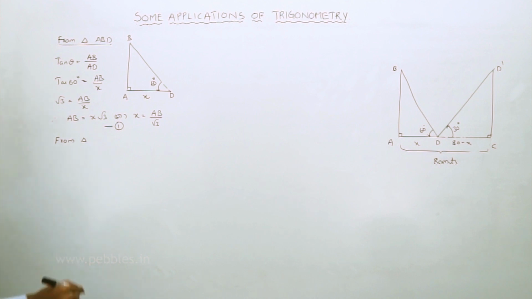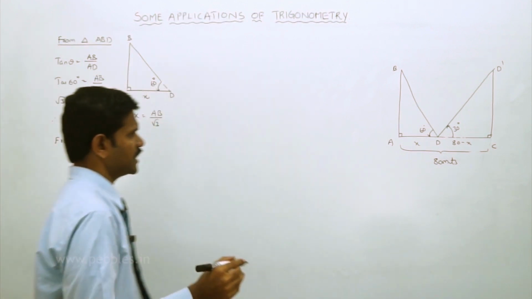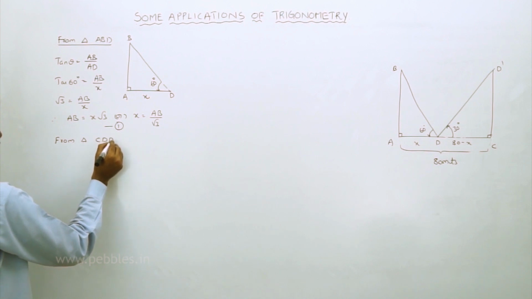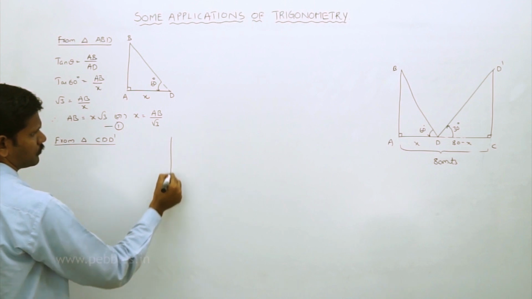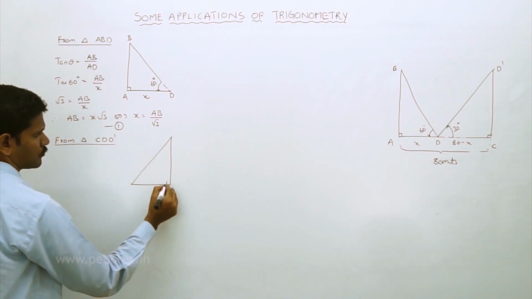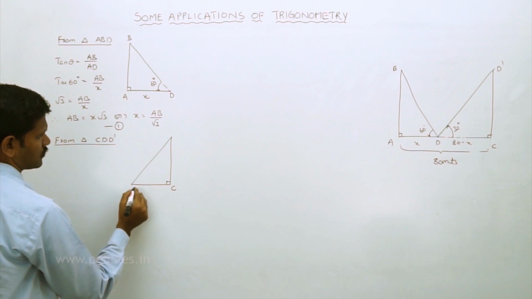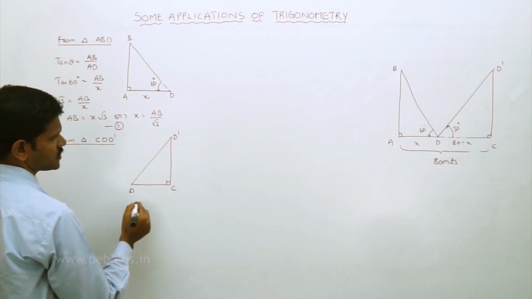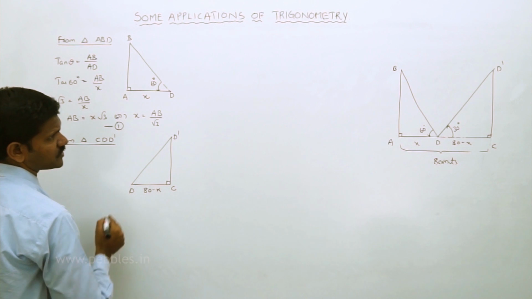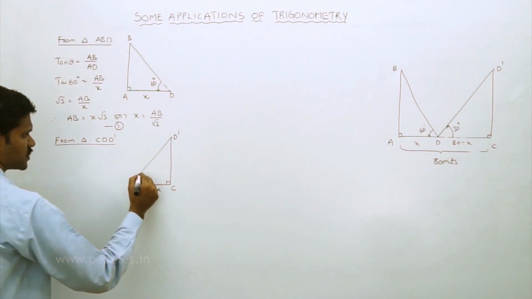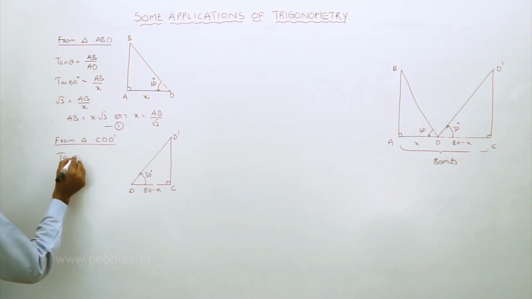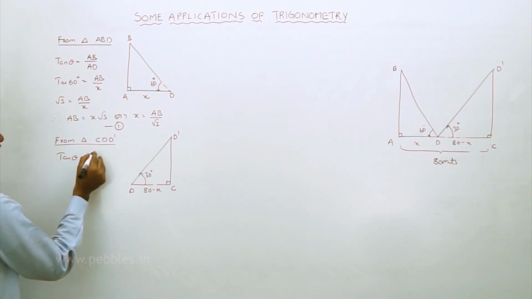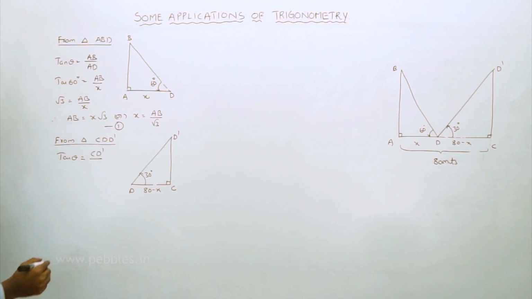From triangle CDD dash, take the diagram. Right angle at C, DD dash, 80 minus x, and angle of elevation is 30 degrees. Tan theta is equal to opposite side CD dash by CD.